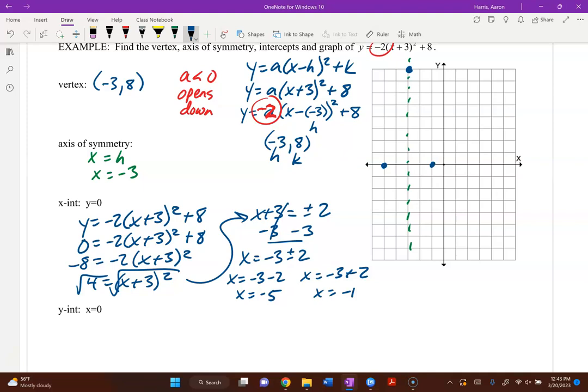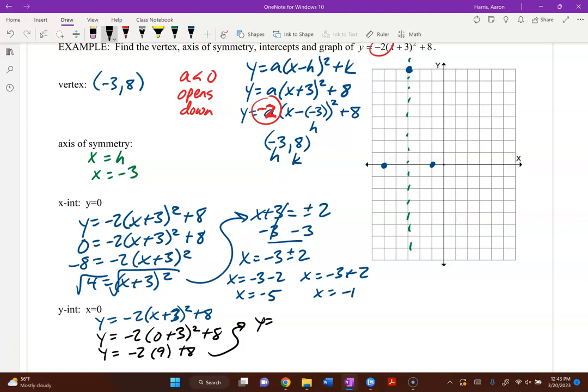Now let's find our y-intercept by letting x be 0. So we got -10. So when x is 0, y is -10.